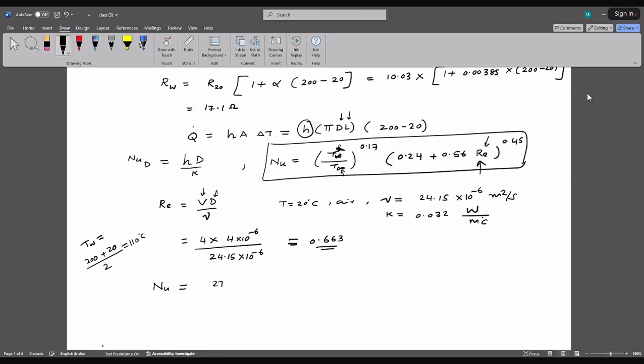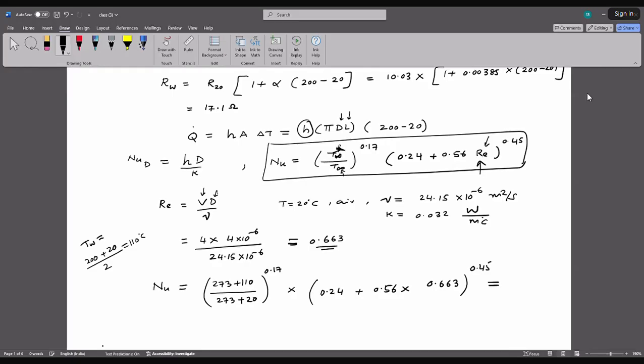So you have 273 plus 110 divided by 273 plus 20 degrees centigrade, that is the ambient temperature, to the power 0.17, into 0.24 plus 0.56 into the Reynolds number, which is 0.663 to the power 0.45.